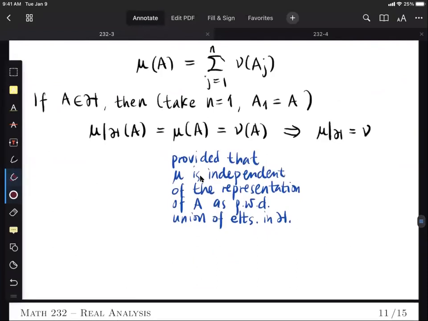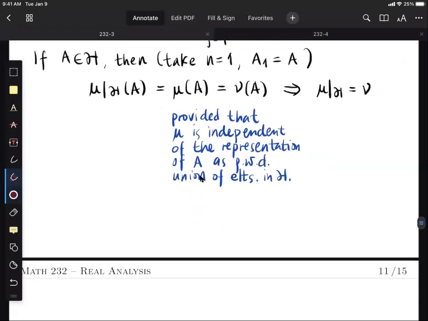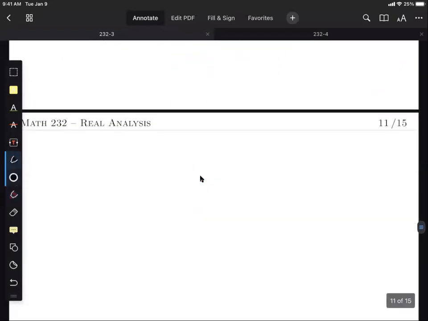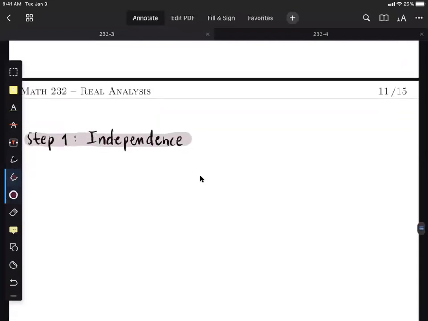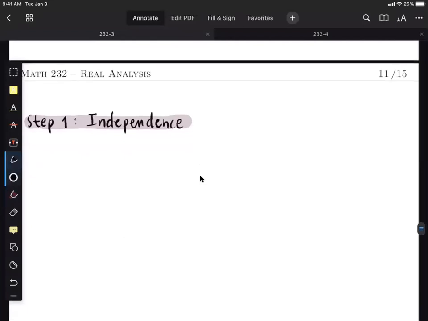Okay. So this second step would be verifying this independence. So let's write that one. So the first step now is to verify this independence. Okay, now suppose I have another sequence, say B sub k, k from 1 to m.